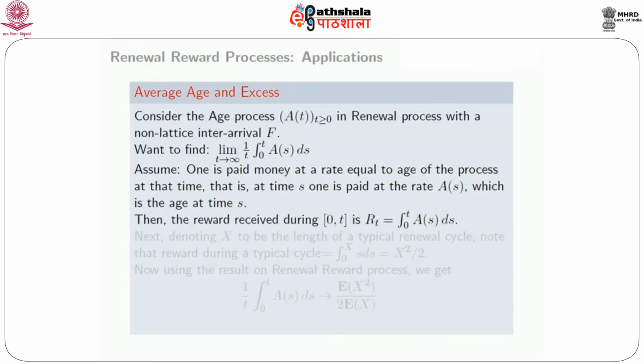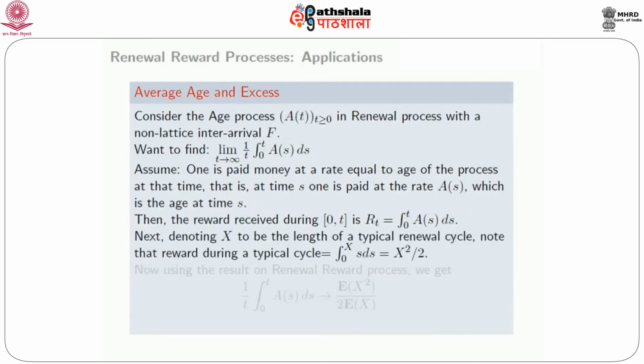Thus, the reward received during 0 to t, which is R_t, would be nothing but the integral from 0 to t of A_s ds. Therefore we get this.